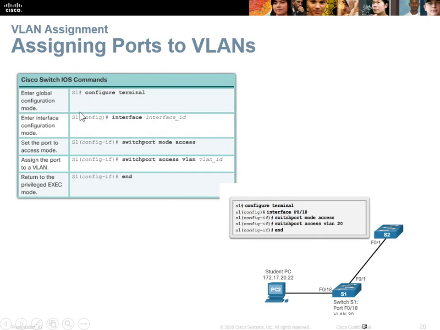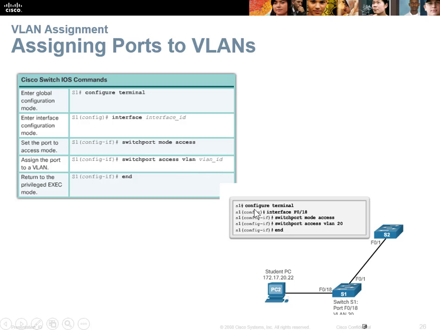Here's how you assign a port to the VLAN. You go configure terminal, or config t, interface, and whatever interface is going out. Switchport mode access. Anytime you program a switch, you always use switchport mode and then switchport access vlan, and the name of it.